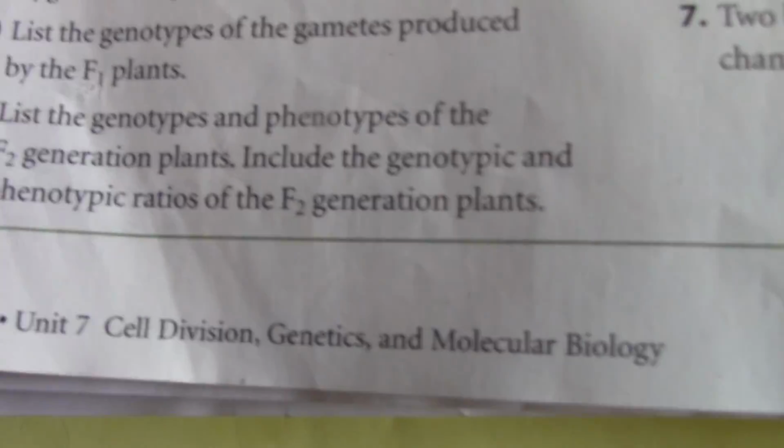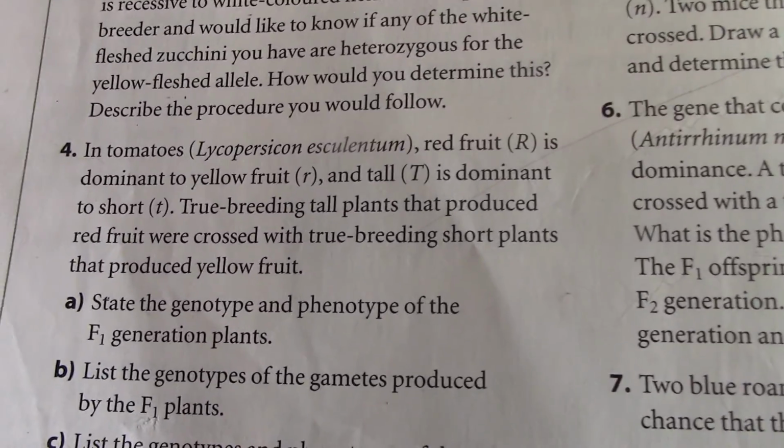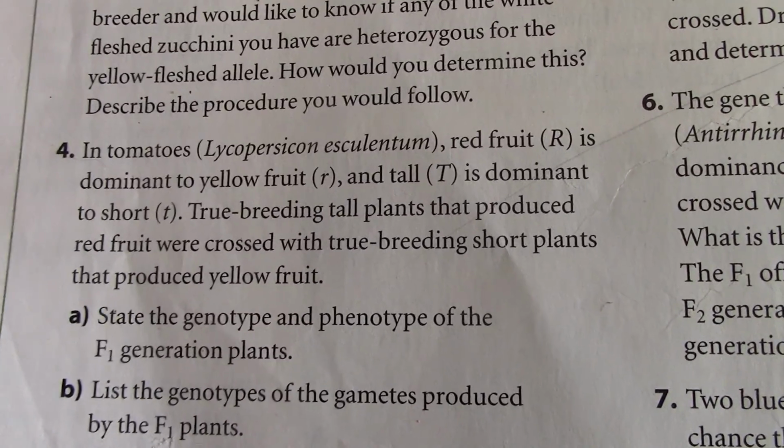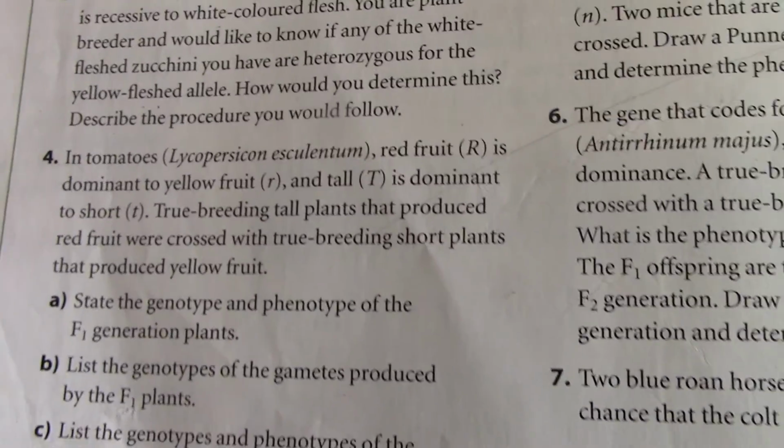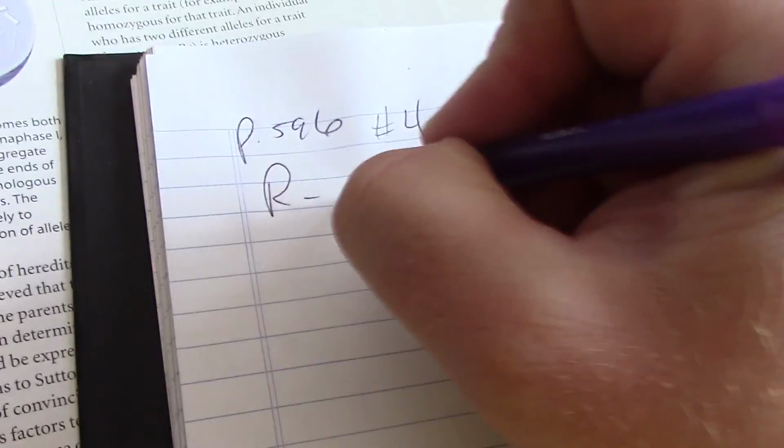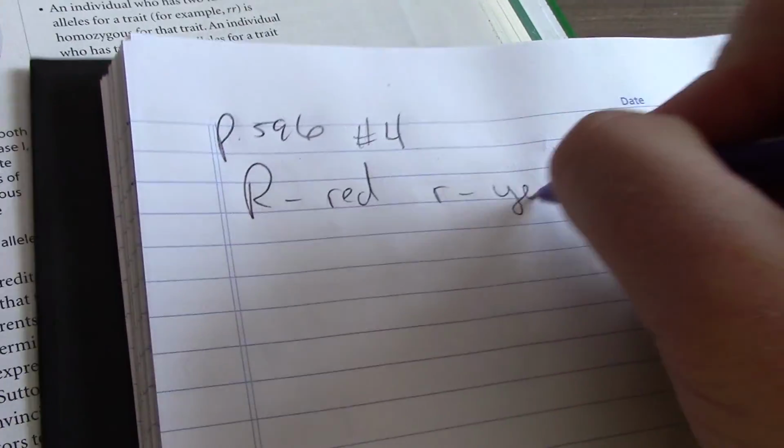So this is McGraw-Hill, page 596, number 4. So this says, in tomatoes, L. esculentum, red fruit is dominant to yellow fruit. So I'm going to write that down. So red is dominant to yellow.